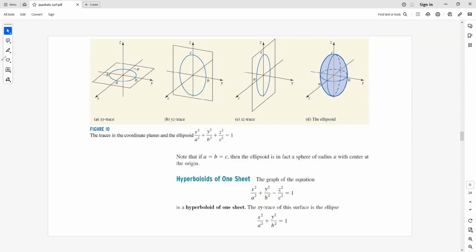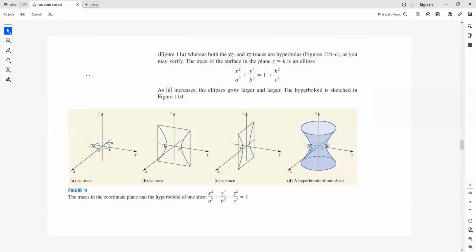Now we need to join all these traces to find the surface. See here, the xy trace is an ellipse, the yz trace is a hyperbola like this, and the xz trace is again a hyperbola. Combining these three, we get this surface, called a hyperboloid of one sheet.